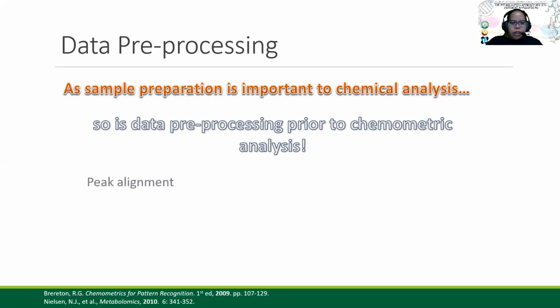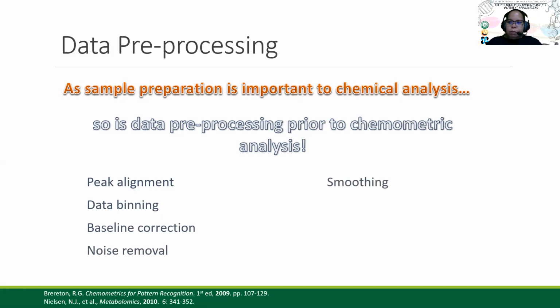And here, this is where things like peak alignment, data binning, baseline correction, noise removal, and smoothing come in. If you have some fluctuations in your signals, you have to make use of smoothing algorithms to smooth that out. You can also have your variable selection to ensure that you get the variables that are related to your samples rather than your background or contaminant signals.